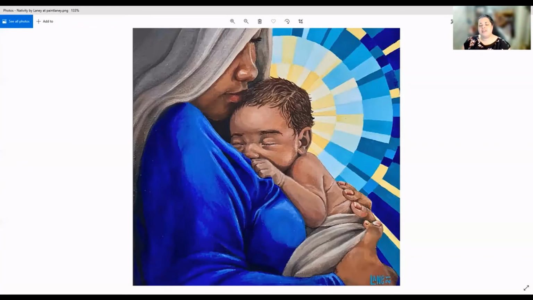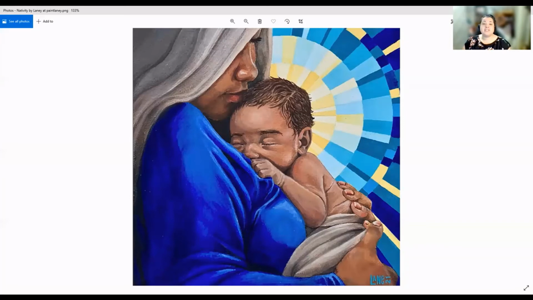Does this image help you feel more whole, more joyful? Does the image make you feel a little more broken, a little sad, or angry, or listless, uncertain?